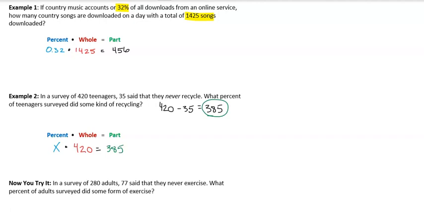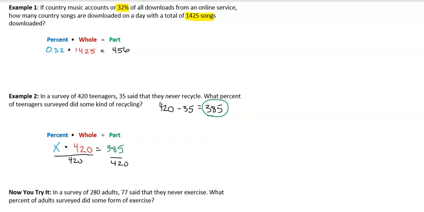So let's think about this. 385 out of 420 do some sort of recycling. We want to know what percent that is. So we are going to divide both sides by 420. And we find that x equals 385 divided by 420.